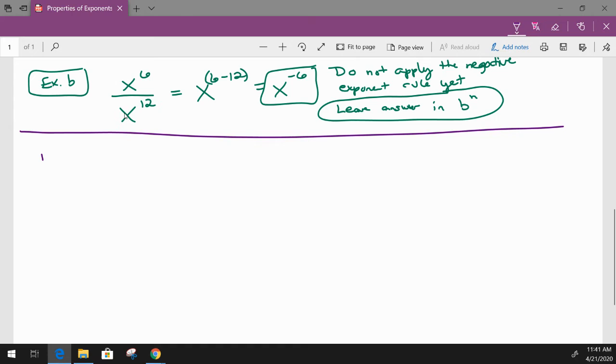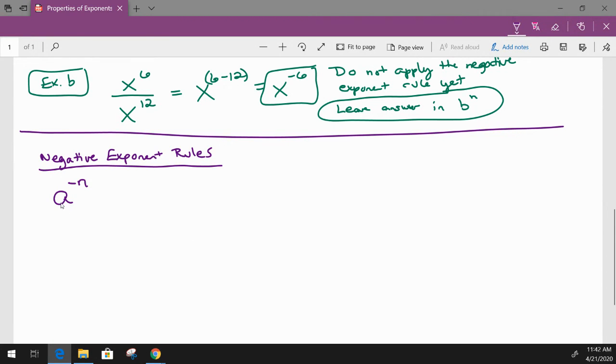So the negative exponent rule, actually I'm going to say negative exponent rules because there are a few different ones that I like to show, and that starting one is a to the negative n power.